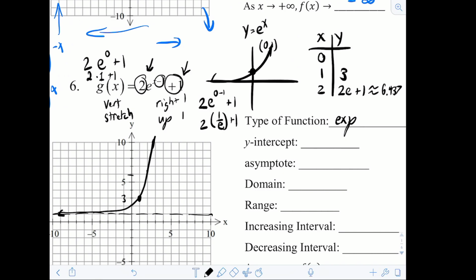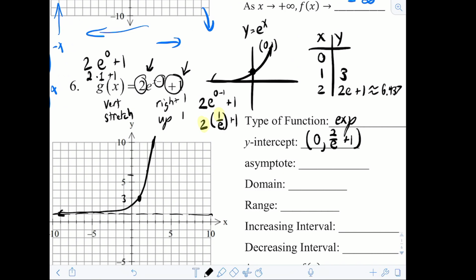Now you can get your estimation in terms of whatever that value is, but if you really wanted to be fancy and exact, your y-intercept is going to be 0 for my x value, and it would be 2 over e plus 1 as my actual y-intercept, because this 2 is being multiplied by this 1 over e. And to tell you the truth, that is the most accurate type of answer that you could have.